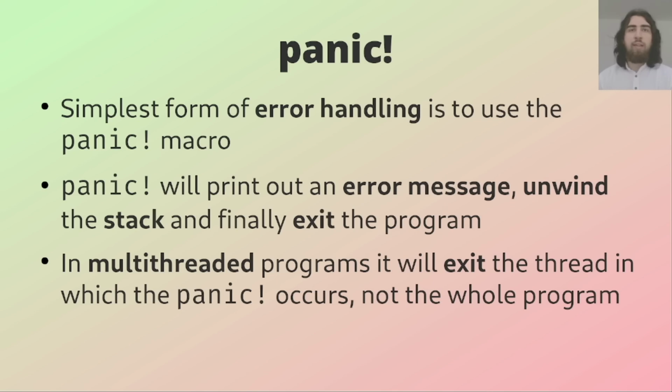Now, when panicking, that means that the program will actually delete everything step by step from the stack memory and then exit the program. And in multi-threaded programs, it will exit the thread in which the panic occurs, not the whole program. So we don't deal here with multi-threaded programs. This will be another course, but I just want to mention it.